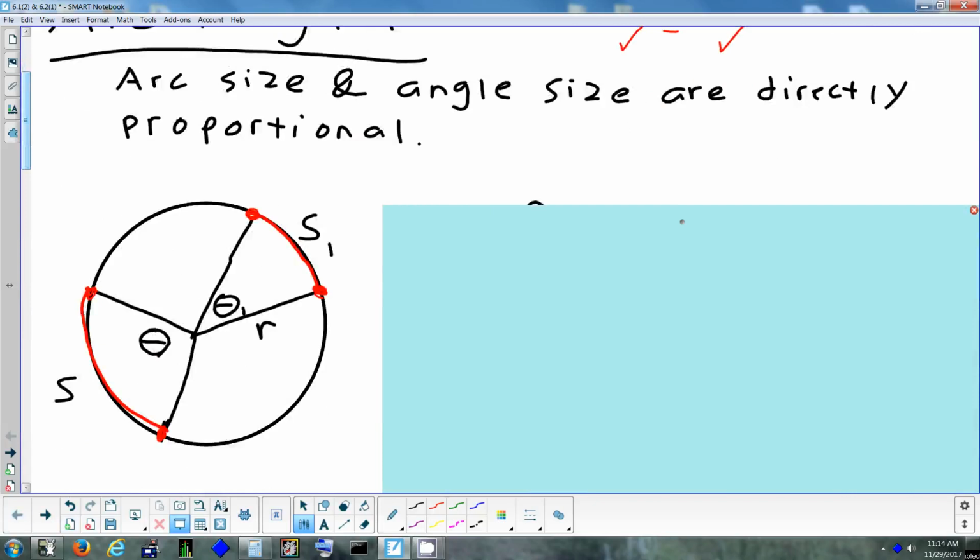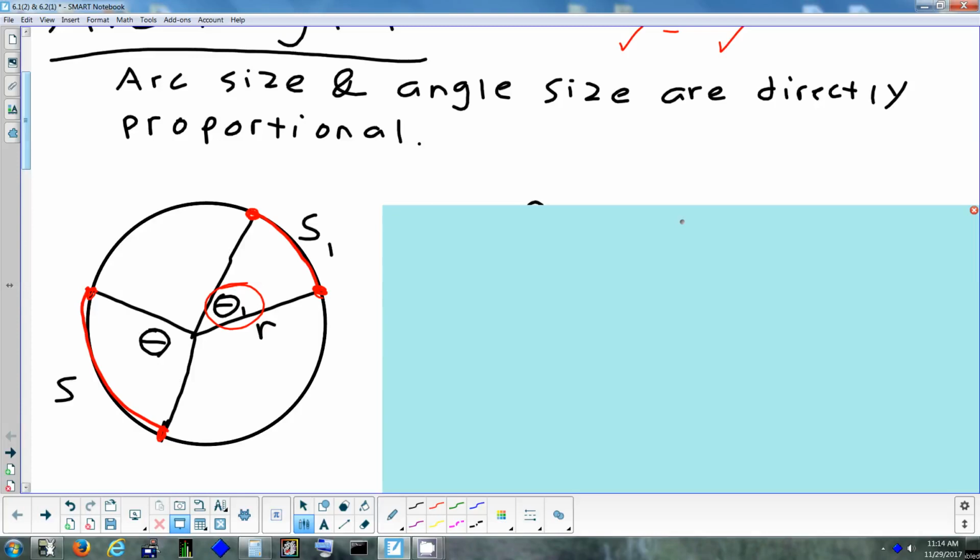All right, so let's look at this angle, theta 1. If you let theta 1 be a certain size, you will automatically know S1. It's automatic because of something I said yesterday. Does anybody remember what I said about theta 1?